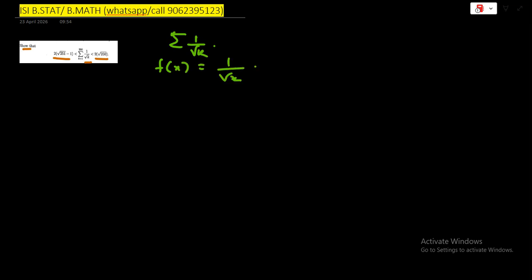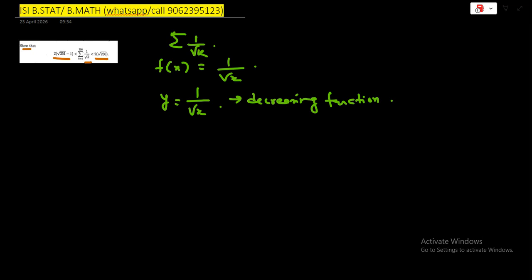So y is 1 by root x, and this function is decreasing. As x increases, 1 by root x behaves like your energy after lunch, slowly decreasing and then gone.